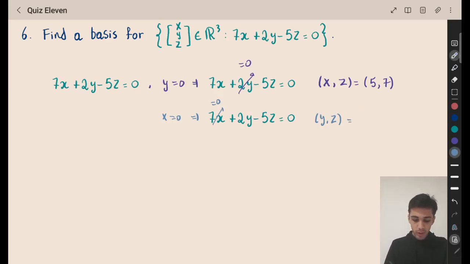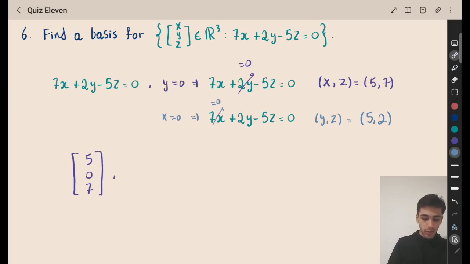Then it should be clear that you should choose y to be 5 and z to be 2. Then you have two vectors. So the first vector that arises, an example of a vector that satisfies this equation and lies in this vector space, is the vector where we chose y to be 0, x to be 5, and z to be 7.